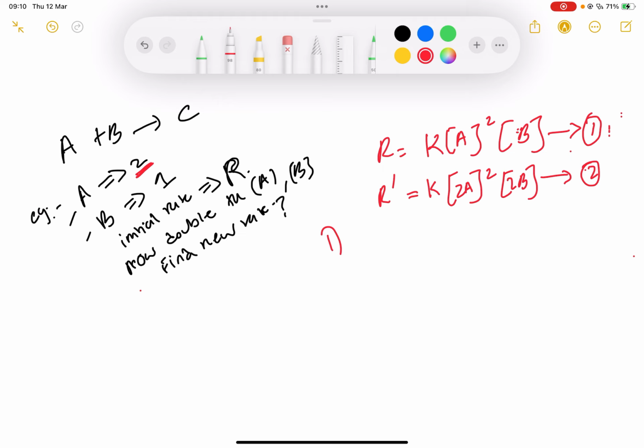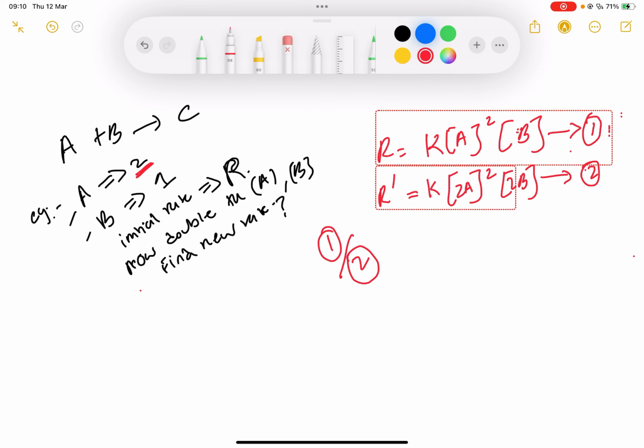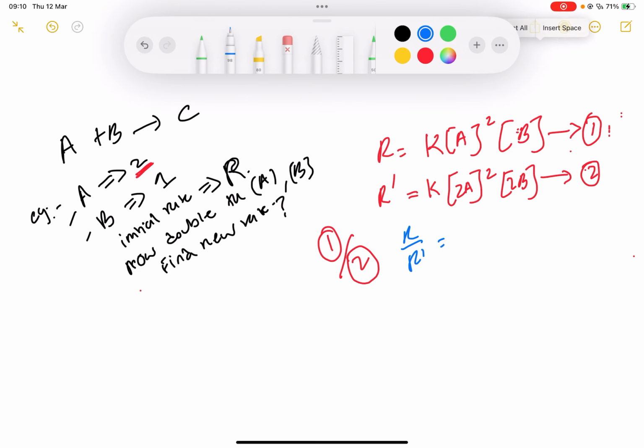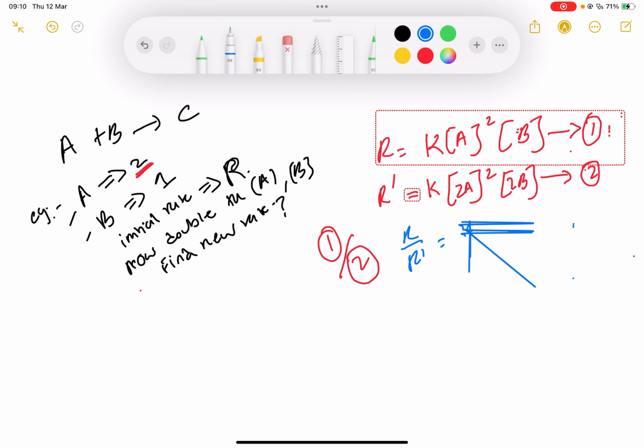Now you can divide 1 by 2, therefore you can find the new rate in terms of the old one. So R over R dash is equal to K A squared into B over K.